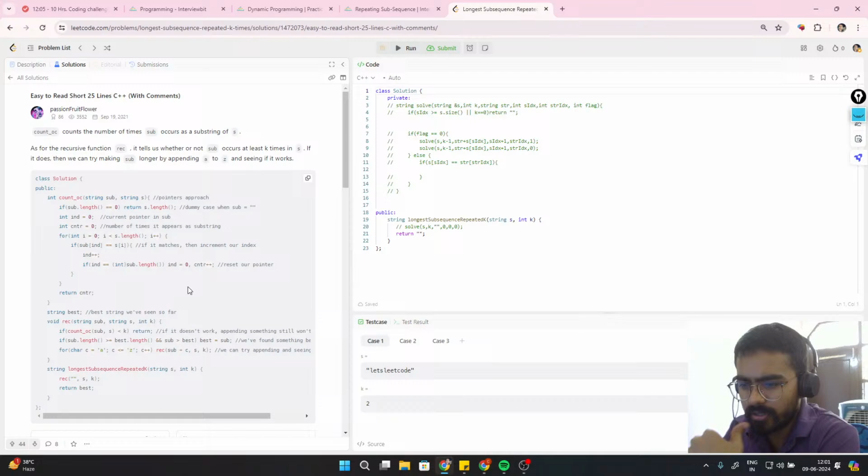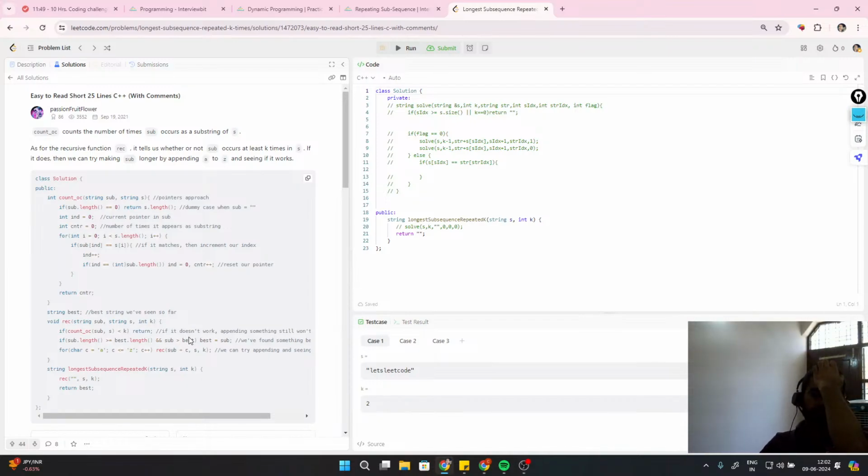We are iterating characters from a to z. Recursion on substring plus c, adding this character. Okay. What he is doing is creating a substring and checking how many times that substring is present.